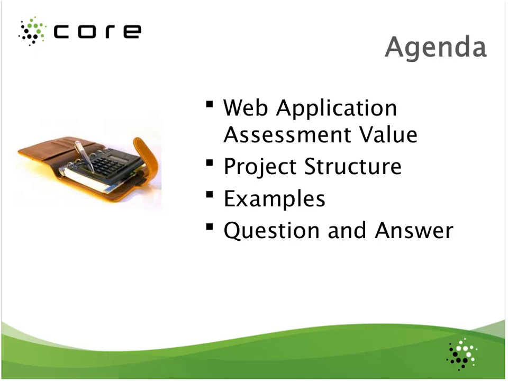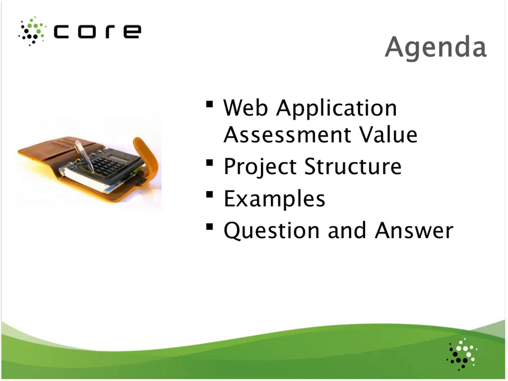Also, we'll take a look at the project structure, show you how Core typically approaches a web application assessment project. There are a couple of different modifications and differences that can be made depending on what everybody's individual circumstances are, but we will give you basically what the average case looks like. Then finally, we'll go over some examples.